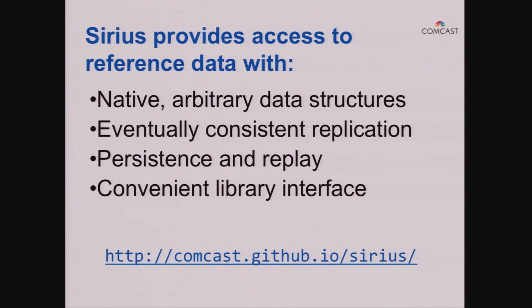I may go to this node and see transactions 1 through 5, and go to this other node and see transactions 1 through 8, because that's just where they are relative in processing the update stream. But if you care about that strong consistency, then this is not the right tool. This is about external reference data sets where you're okay with some degree of latency propagation. So don't use it for that.